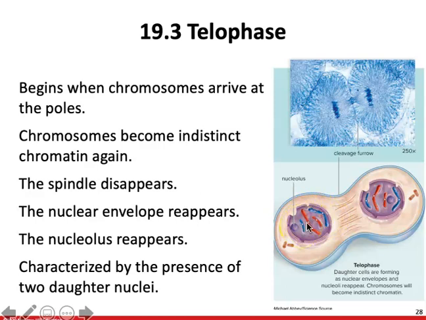So in order to replicate our nucleus, we're going to dissolve the nucleus, separate the DNA, and then rebuild two new nuclei around the existing DNA. Once we start this, those spindle fibers can start to disappear, the nuclear envelope will reappear, the nucleolus is going to reappear, be reformed, and we're going to end up with two distinct daughter nuclei.